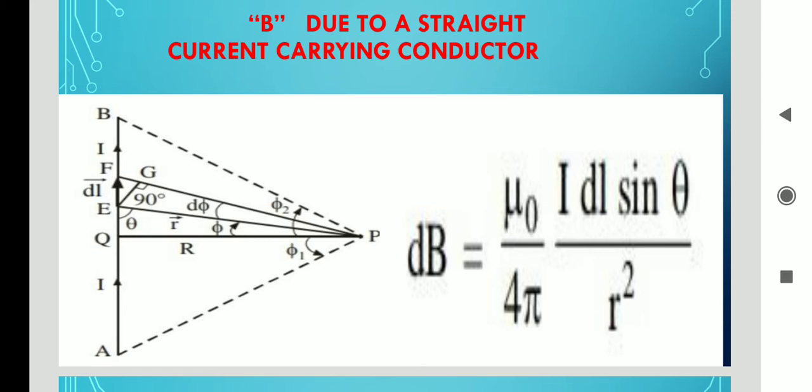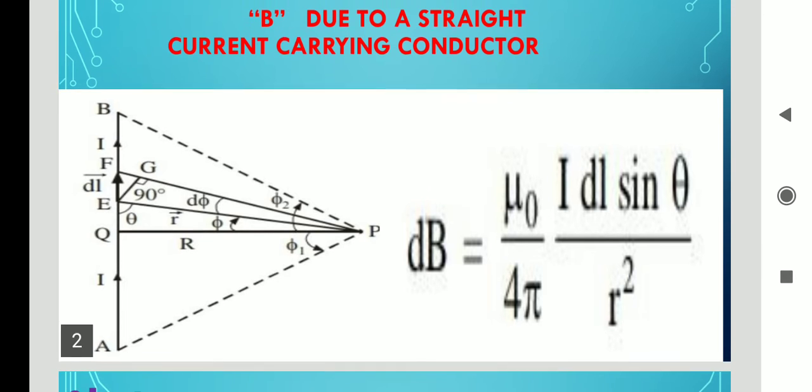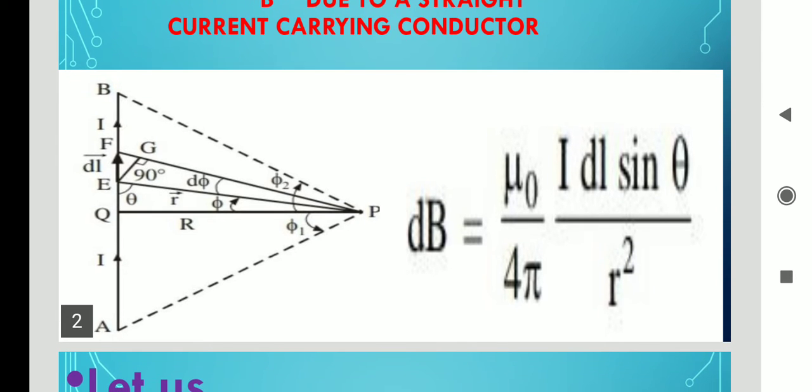I is the current, dl is the smallest element of the length of the conductor, sin theta is the angle between I dl and the position of P, and r square is the square of the distance.